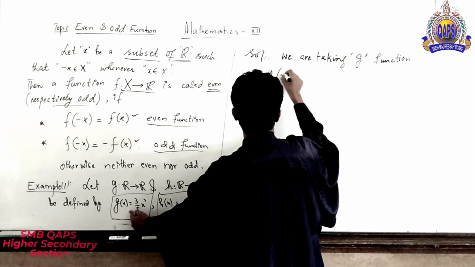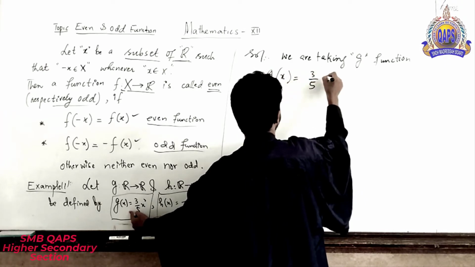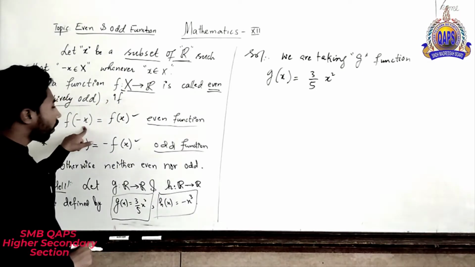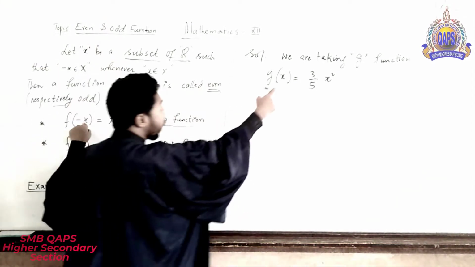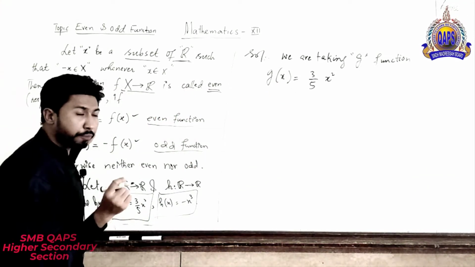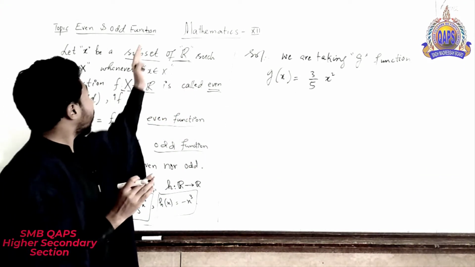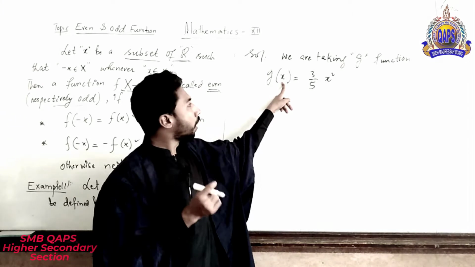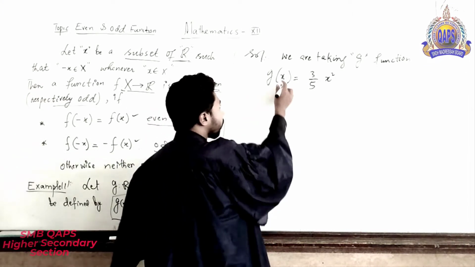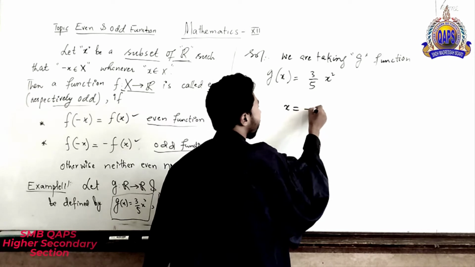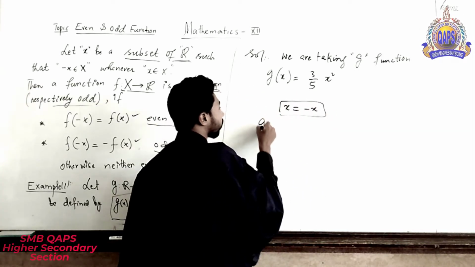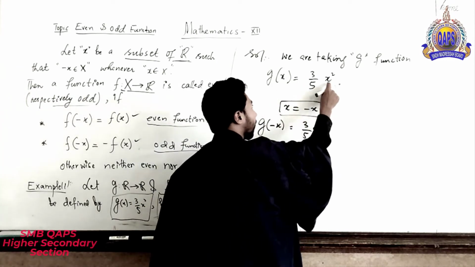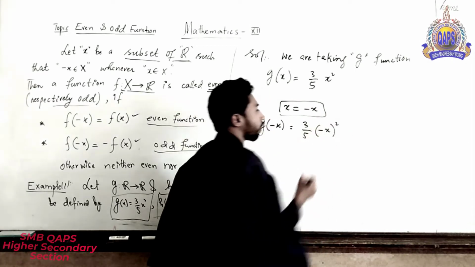This g of x is equal to 3 upon 5 x square. Now, the first condition: in the place of x, we put negative x. When you find even and odd functions, you just put a negative sign here. In the place of x we put negative x, so 3 upon 5 is the same, and then negative x whole square.